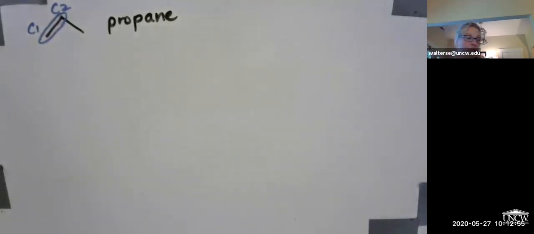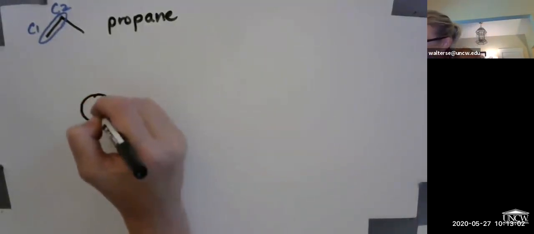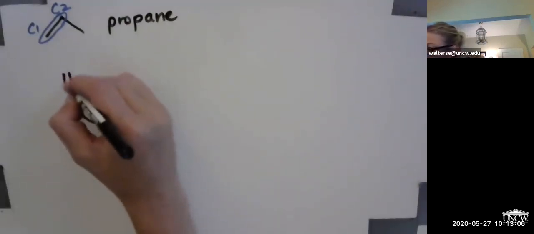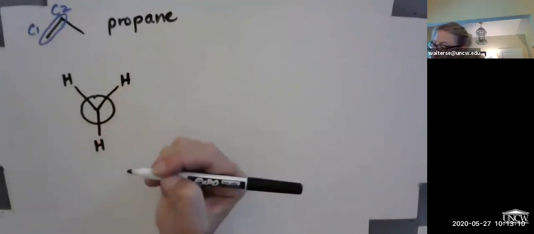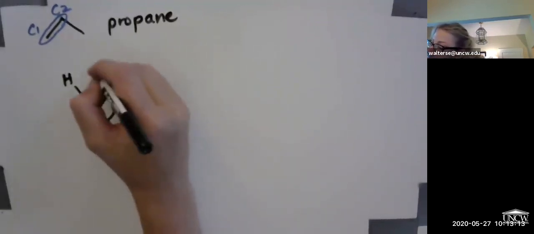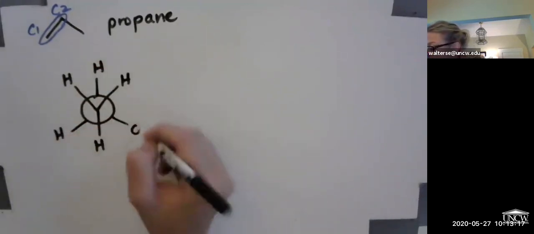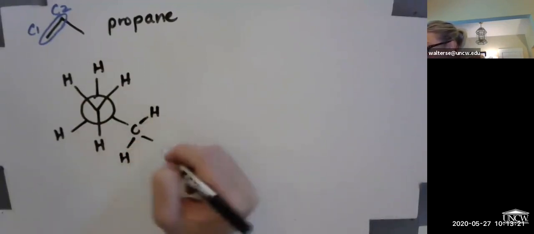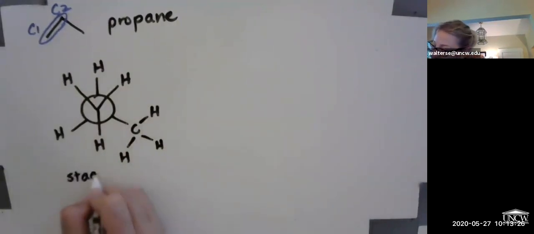So when we draw this Newman projection, there's carbon 1 and carbon 2. Carbon 1 had only hydrogens. Carbon 2 had a hydrogen and a methyl. And I'm going to draw this with some space. Staggered.